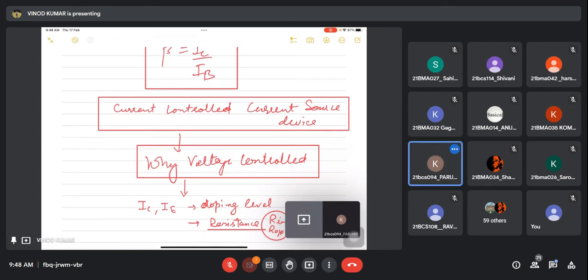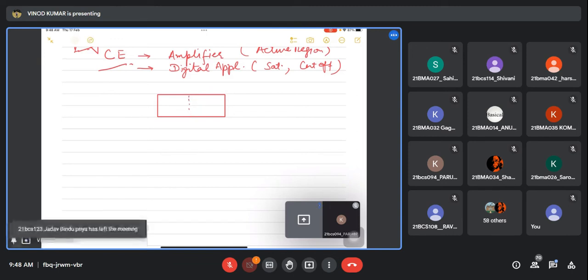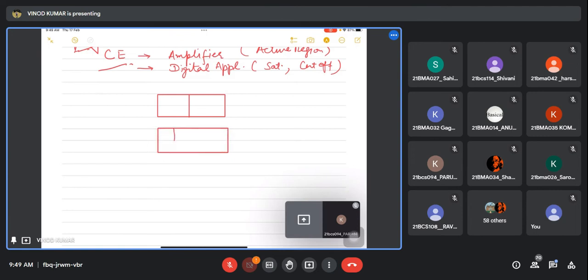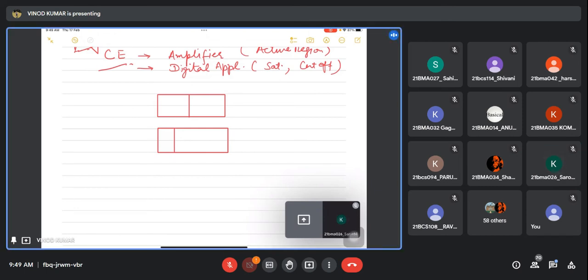What is meant by asymmetric devices? Those which are not symmetric, like this one is not symmetric. Sorry. Which one is symmetric among these two? The upper one, because it has two equal halves.